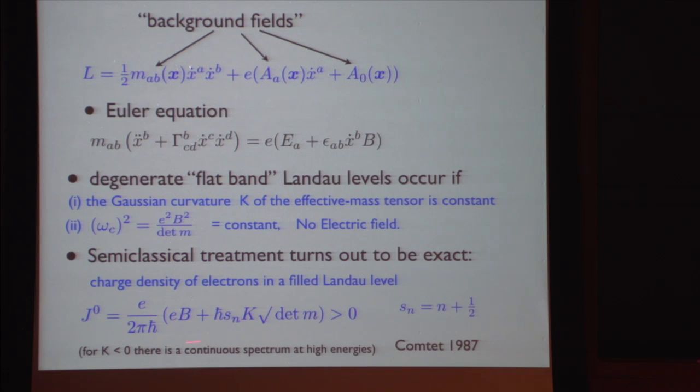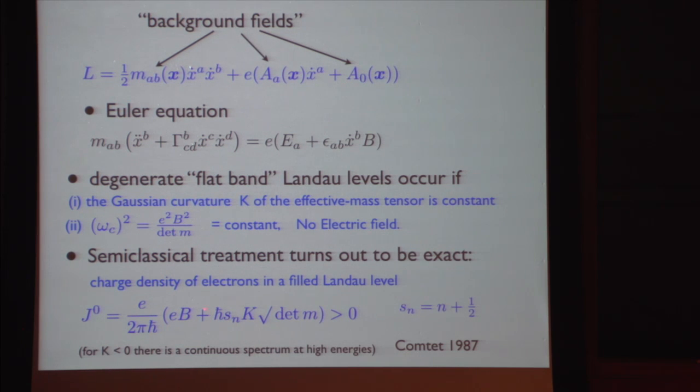So one gets this formula, which again was what we wrote up at the beginning, and is what goes back to Wen and Zee. If I look at the charge density of a filled Landau level, it just has the part proportional to B, and then a part proportional to the Gaussian curvature density, which is the Gaussian curvature times the root of the determinant of the metric.